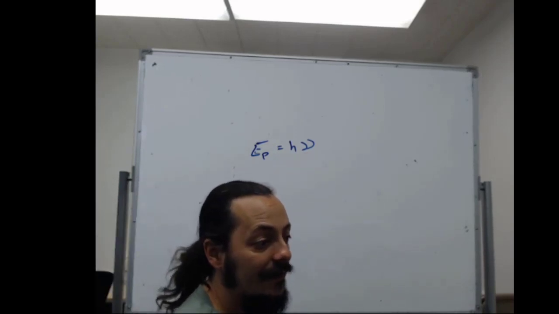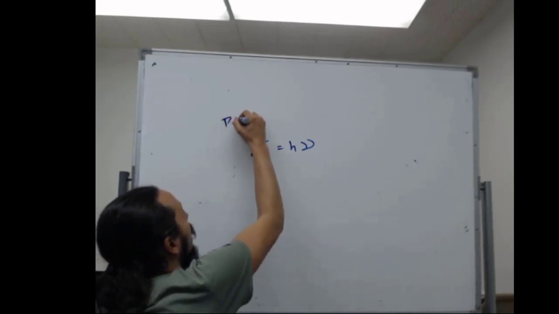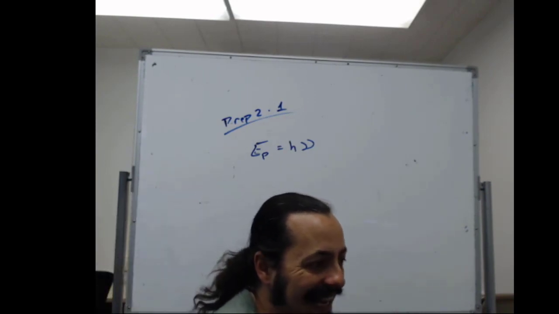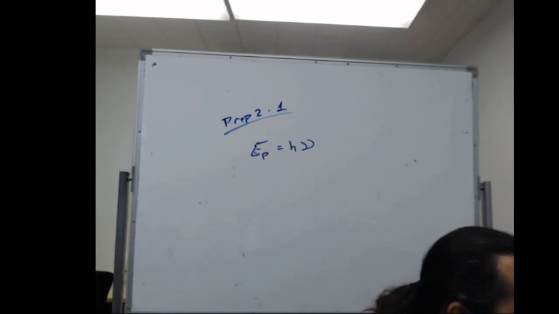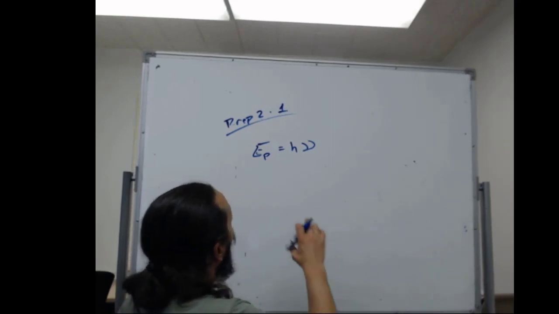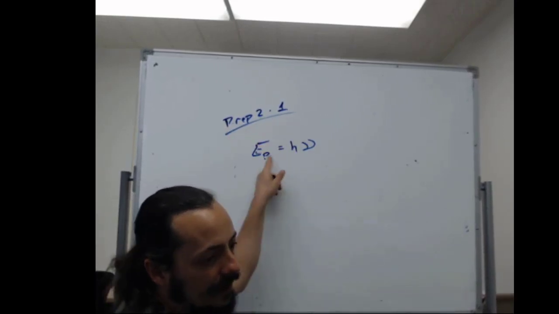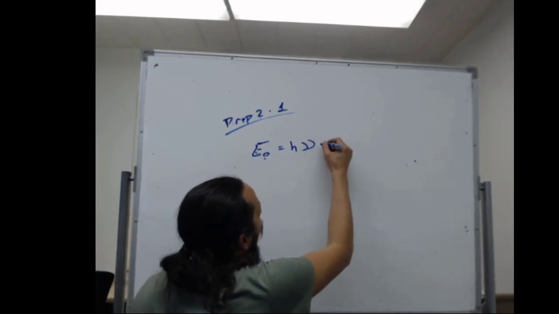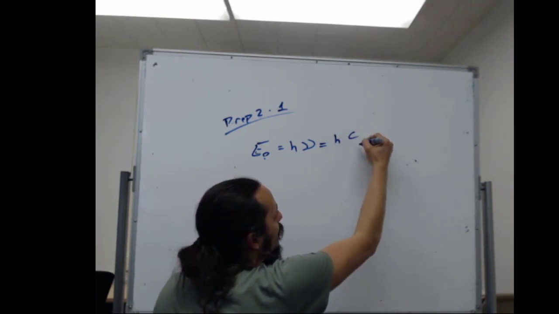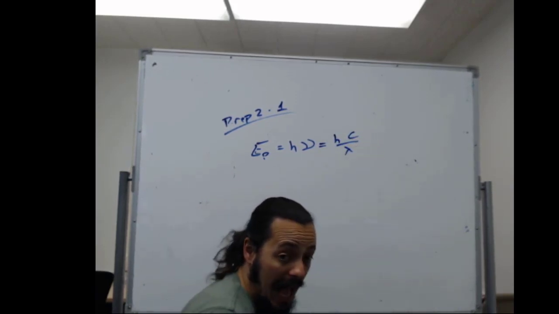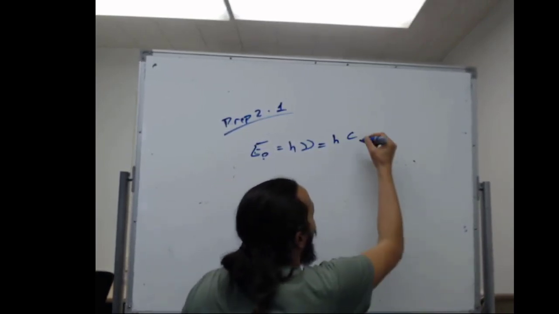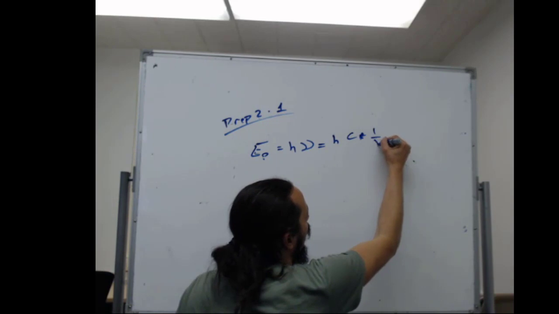We're given a set of data, so this is for prep 2, problem 1. We've got this equation, Planck's equation, which we can also use the information about light to turn into hc over lambda, which I will write suggestively as hc times 1 over lambda.